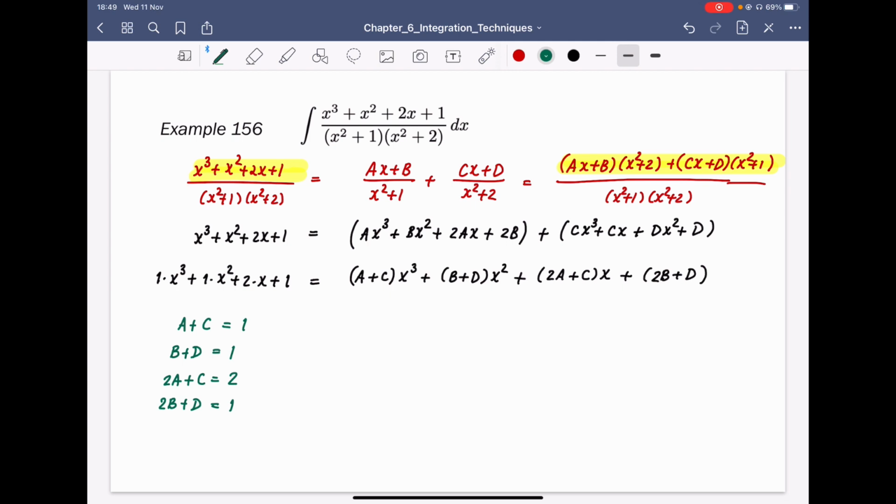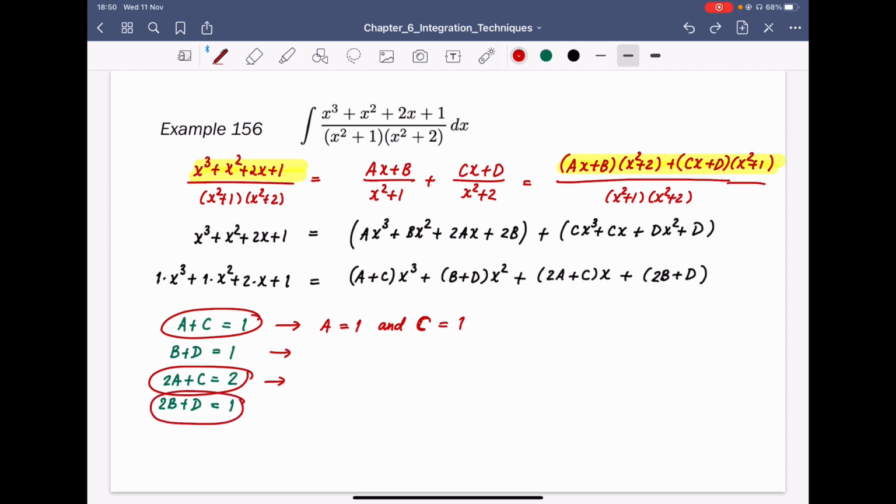This is pretty simple because you can solve for a, b, and c easily. On the first and third equations, if I subtract these two equations, I get a equal to 1 and c equal to 1.